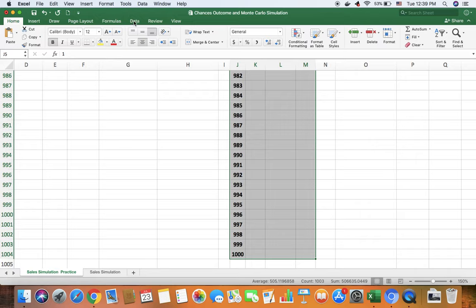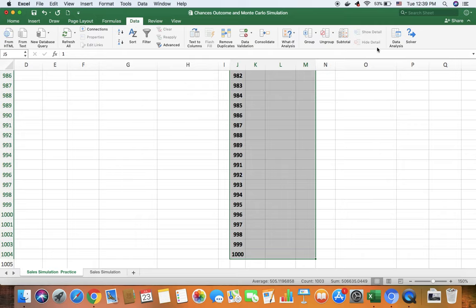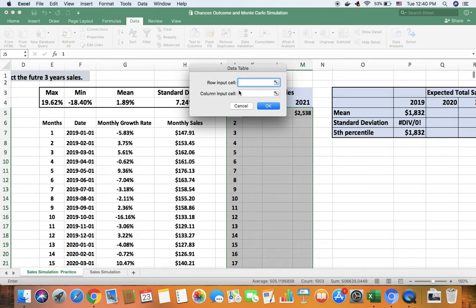Go to Data, click What-If Analysis, choose Data Table. For the row input cell, neglect it and put nothing.